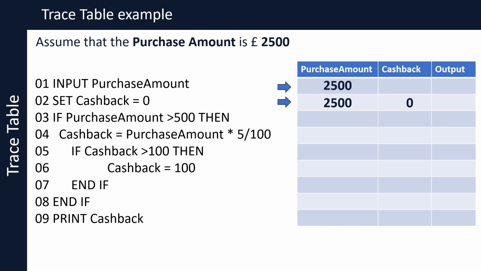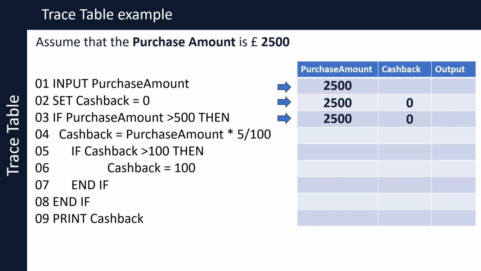In the third line, we are using the if statement to check the condition if the purchase amount is greater than 500. Here, we are checking the condition but are not changing the values of the purchase amount or the cashback. Hence, we record these as 2,500 and 0 respectively under columns 1 and 2 in the third row of the trace table.